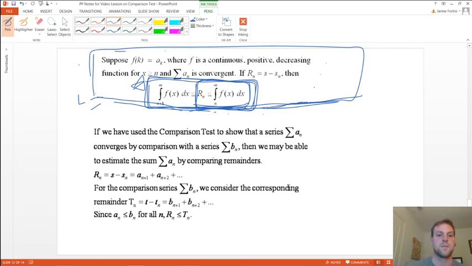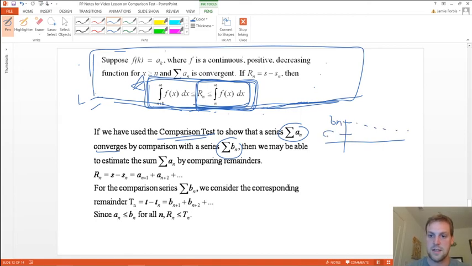Okay. So it says, if we have used the comparison test to show that this is convergent by comparing it to b sub n. All right, if I showed that it's convergent, then this is the case that I'm dealing with. I got that b sub n is doing this, and thus a sub n is also converging.